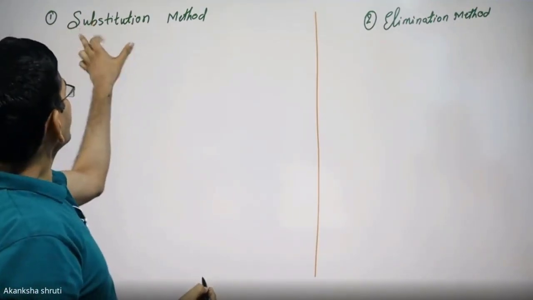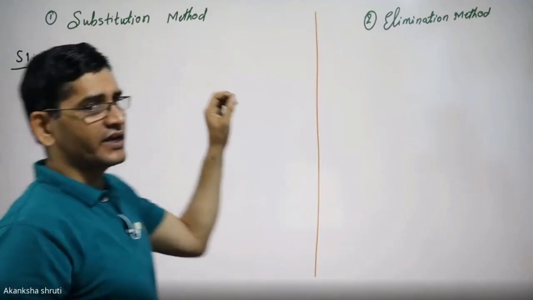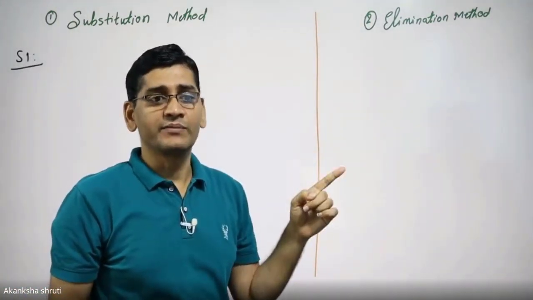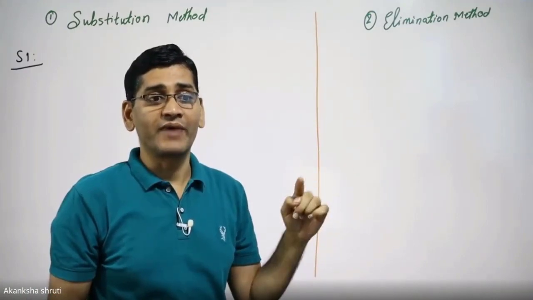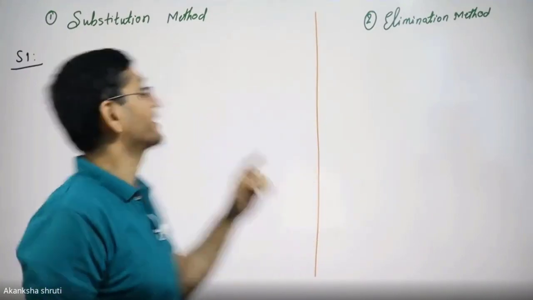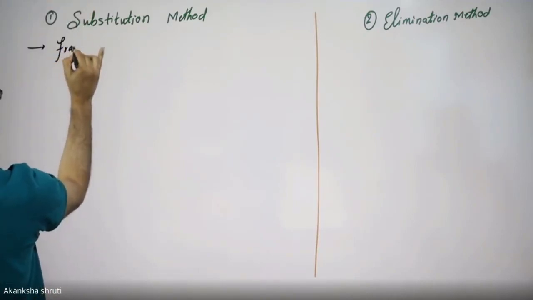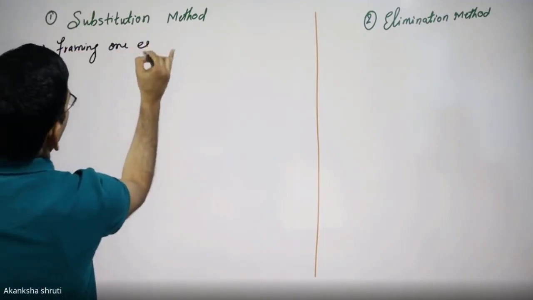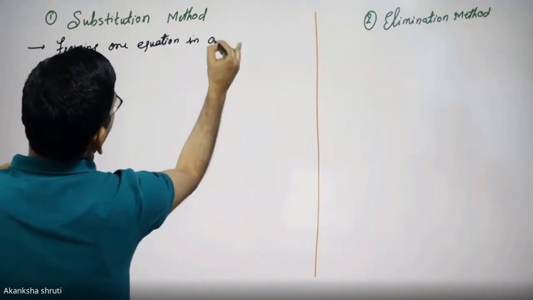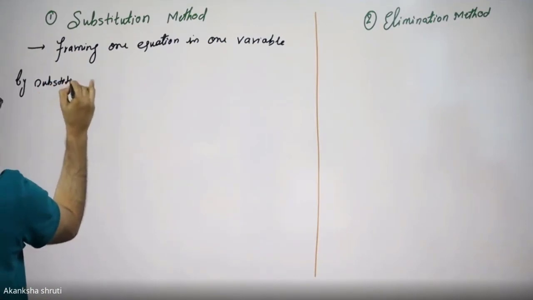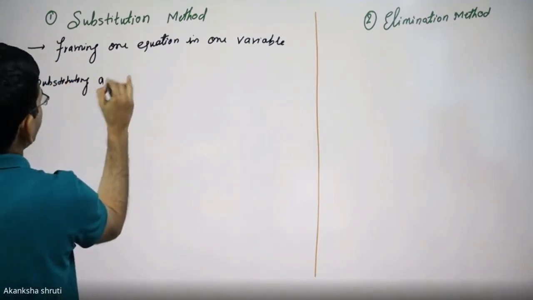In short, this substitution method is finding one variable equation by substituting one of the variables from one equation into another. This method is for framing one equation in one variable by substituting a variable.